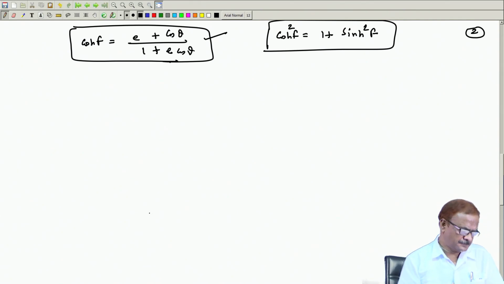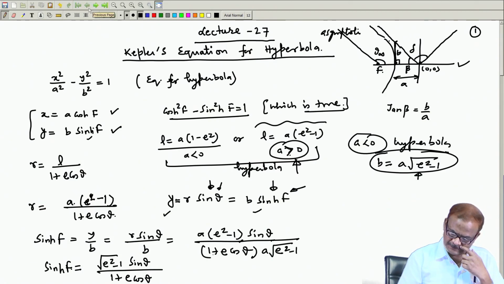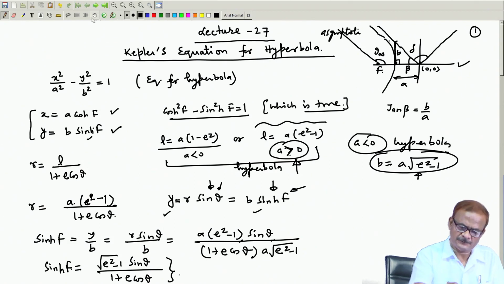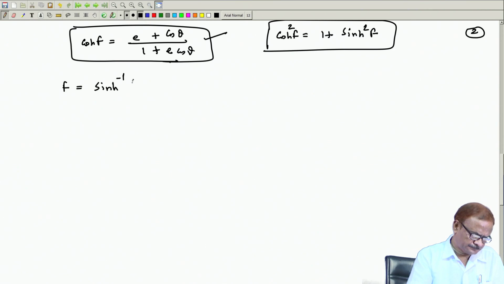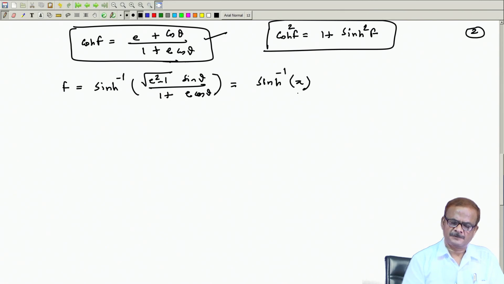Thereafter, we wrote f equal to sinh inverse of, using the terms we have written here, under root of e square minus 1 times sin theta divided by 1 plus e cos theta, and this can also be written in this way.